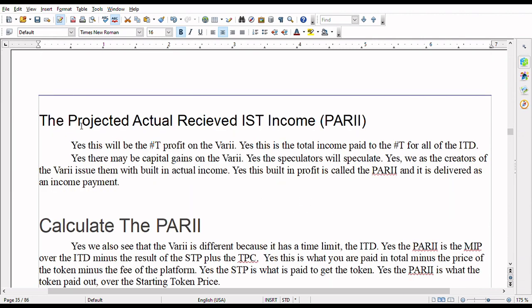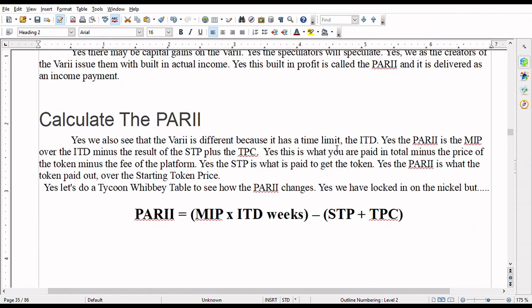We have our first kind of new variable, but it's specifically paired to the Varii, and it is the PARI, the projected actual received IST income. It's the real profit that the investor makes out of the deal.